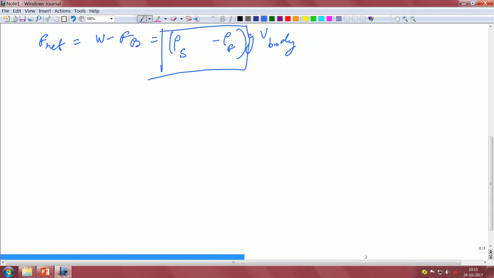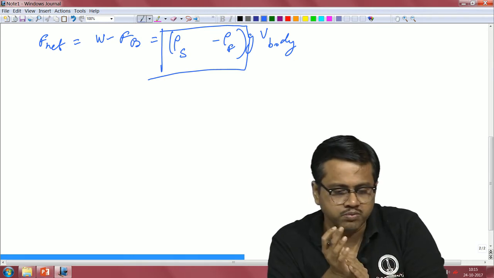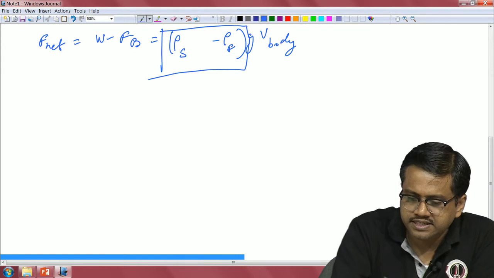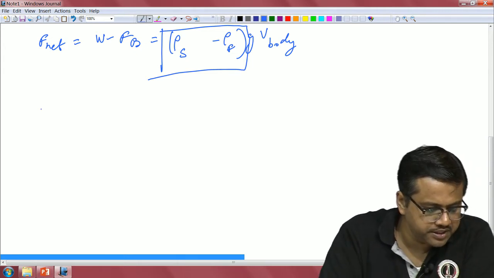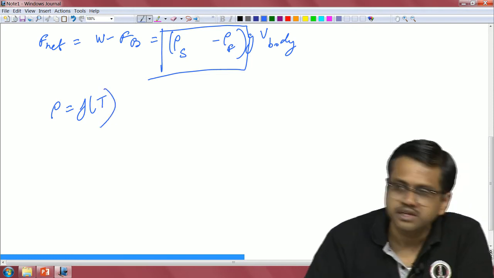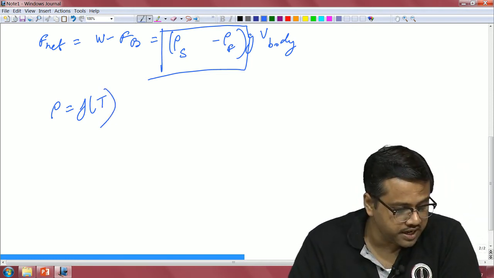So, what is the density of that versus the density of the body, right. If these two densities are basically the same, then there is of course no net force being created. Okay. So, densities are usually functions of temperature, which is the situation in our case.